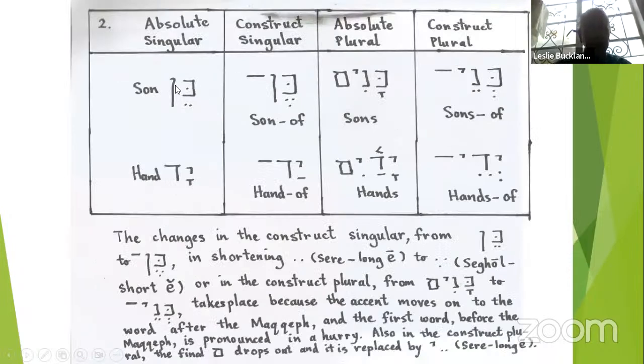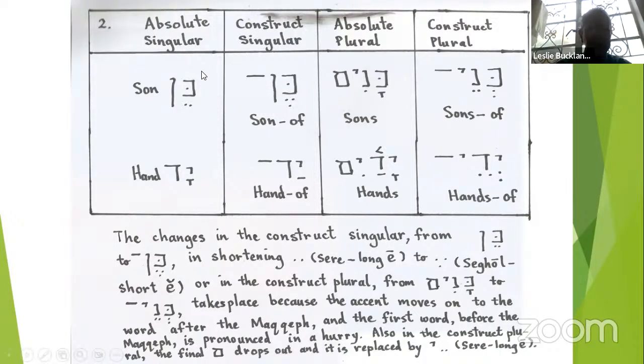Okay, we're moving on with this table. We are looking at the absolute singular of another set of nouns. Here is the noun bain, which means son. But if you're saying son of, you're putting it in the construct state, the singular construct state.